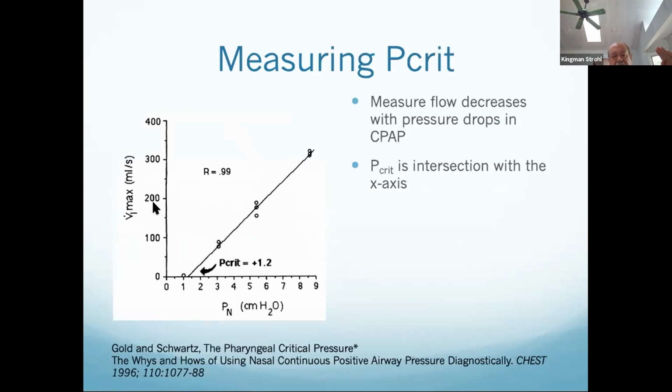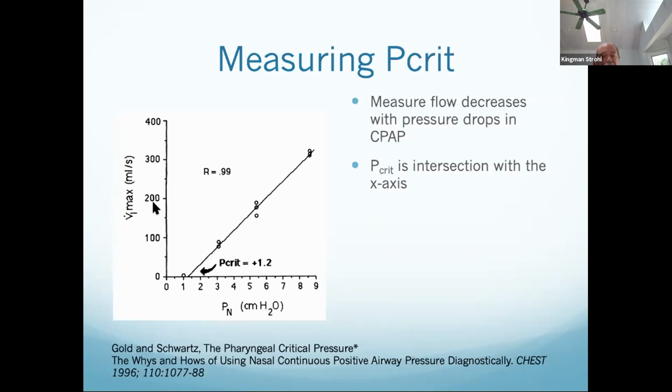And then as I go from a -4 to a 0 to a +4, your flow will go up, and it'll go to a point where you get a maximal flow. If you're really bad with sleep apnea, your P crit kind of goes to the right, to something like 4 or 5.